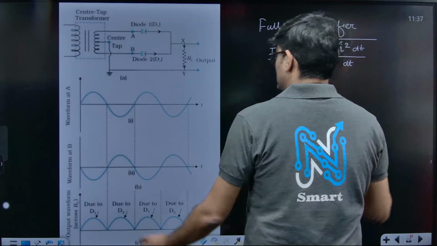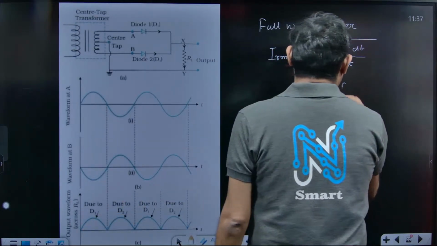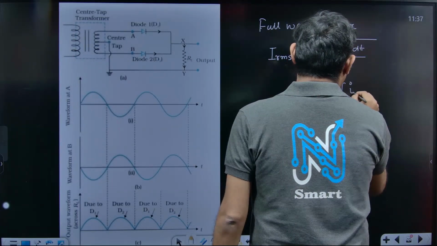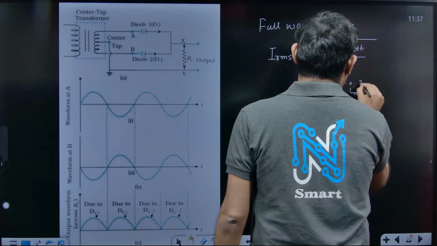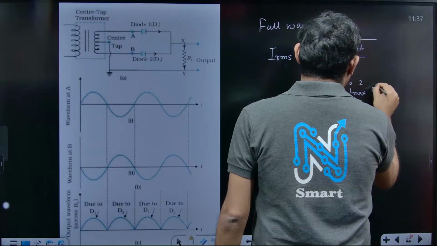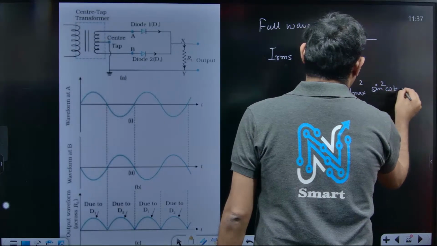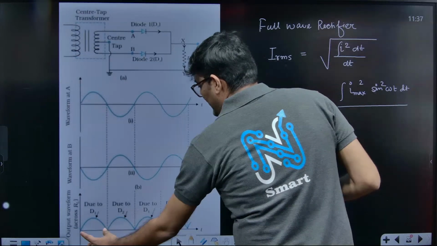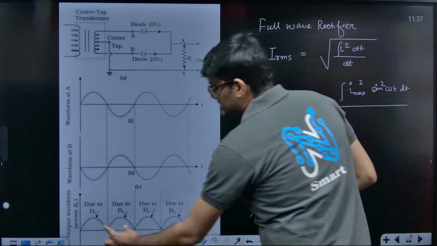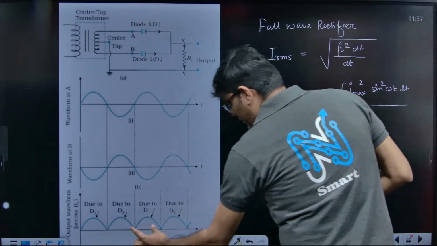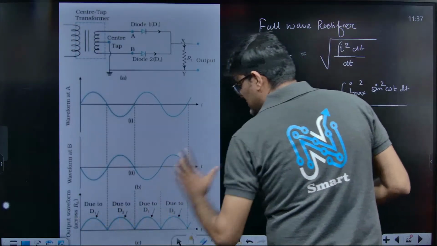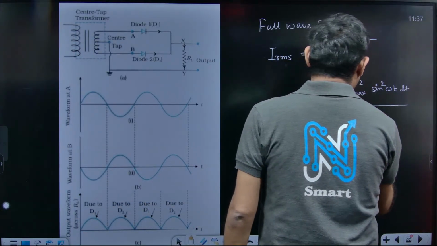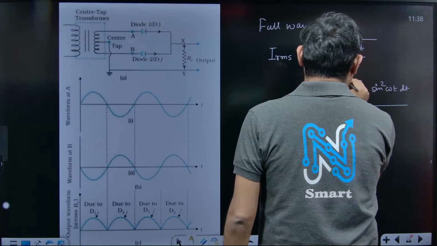If I assume this to be a sinusoidal function, then it is I max square sin square omega t dt divided by T by 2, because I will only take this T by 2. As this is a periodic function, the RMS of this T by 2 will be the RMS of this entire graph, and the integration is also from 0 to T by 2.